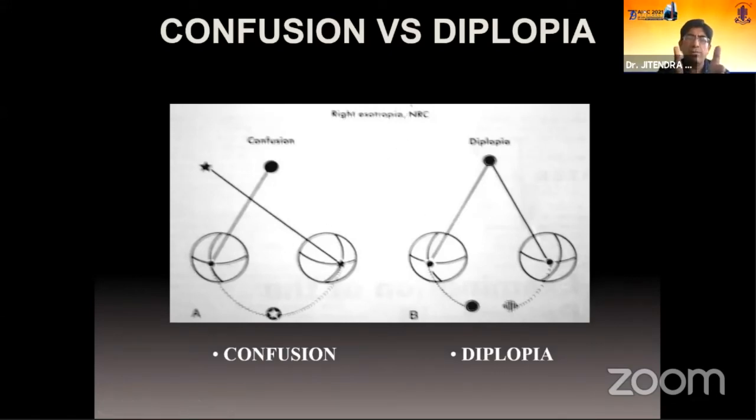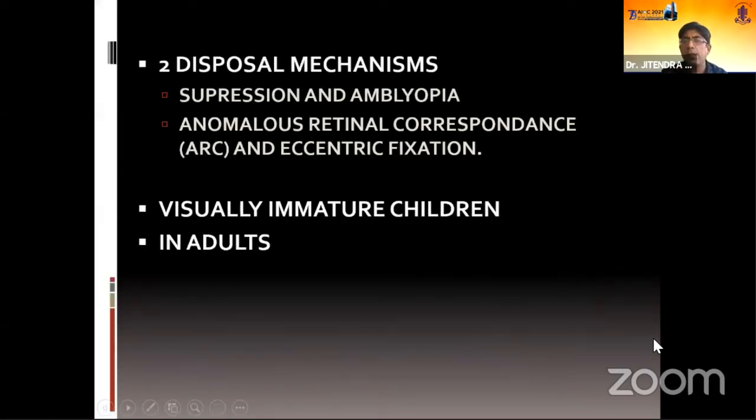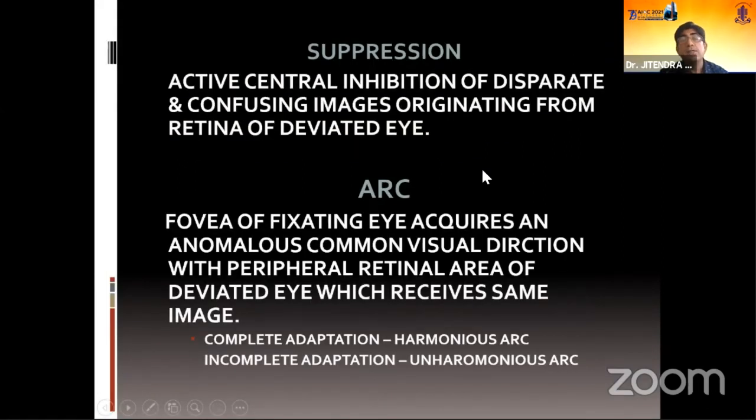When you have an image on the fovea and on a point which is not on the fovea, you may either have confusion or diplopia. And to adapt to that, you have motor fusion to try to bring it back to the center. Then another question normally is about what is suppression.